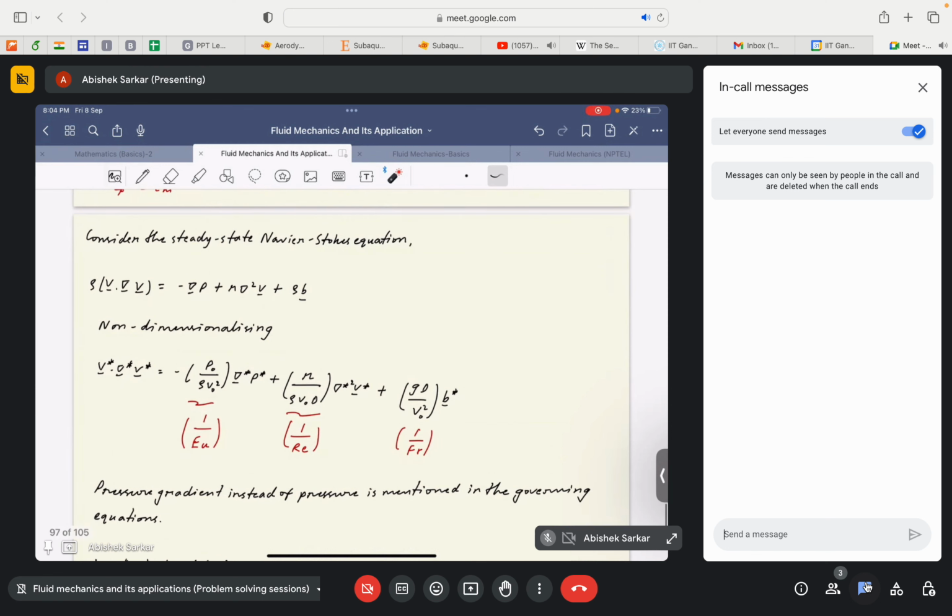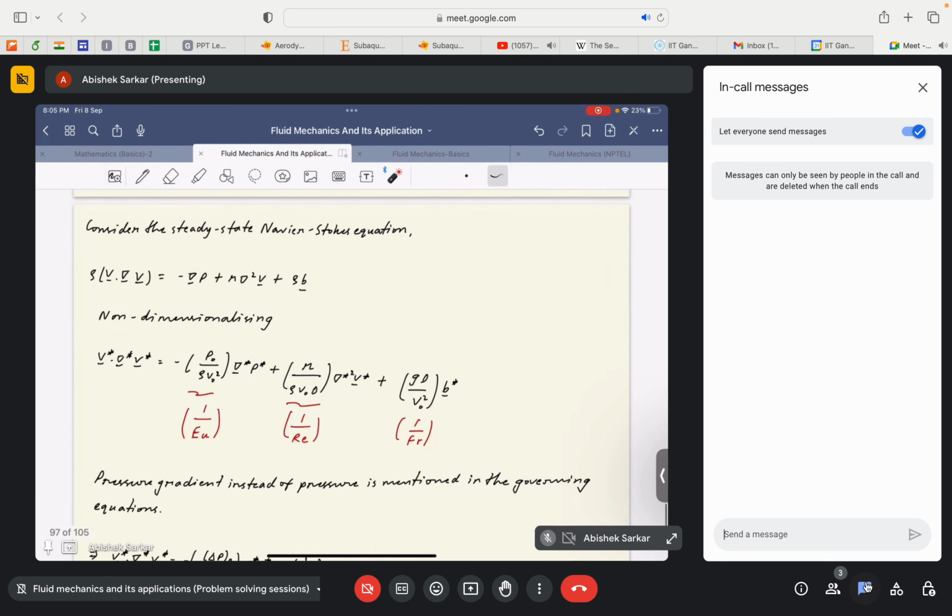We again non-dimensionalize the equation by choosing certain scales for all the flow variables. By choosing these scales, the equation very elegantly puts the reciprocals of the Euler number, Reynolds number and Froude number as coefficients in the non-dimensional form of the Navier-Stokes equation.